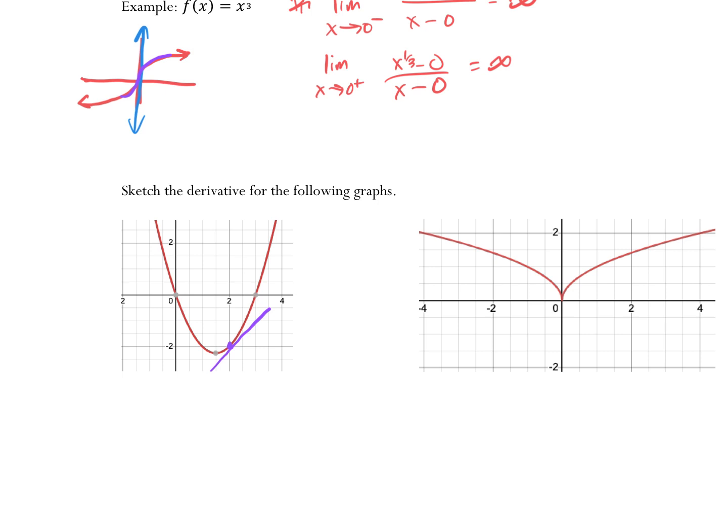Give or take, 1. So I'm going to go ahead and make a point at 1, but that's not at 1. You guys, look at my scale. If this is 2, this is 1. Yeah?